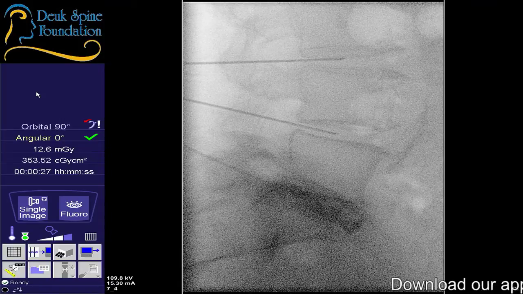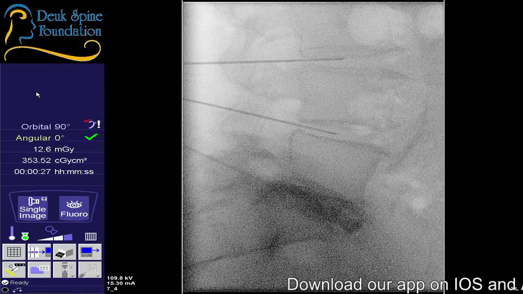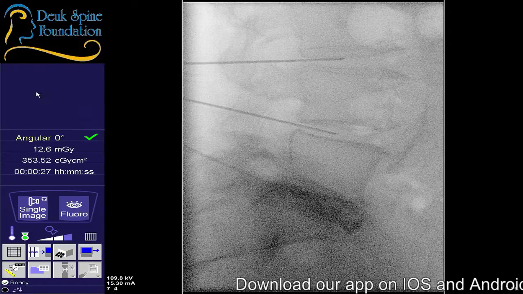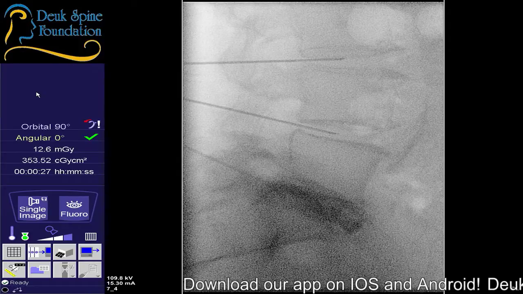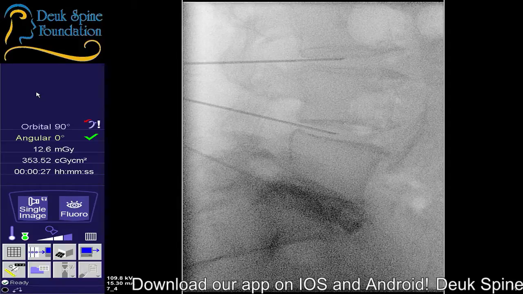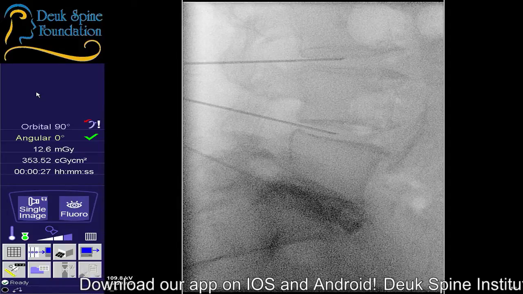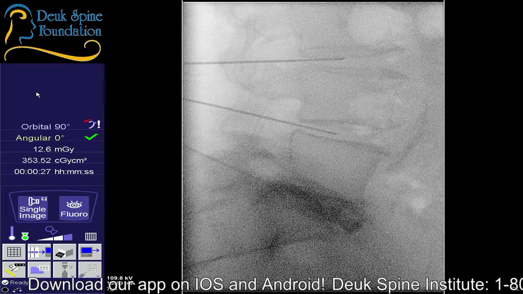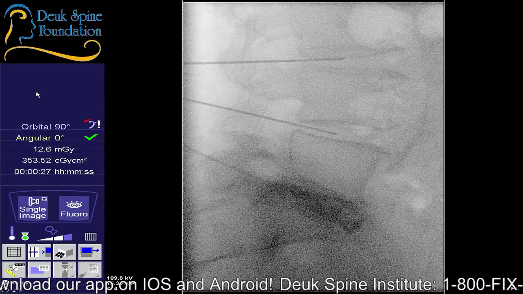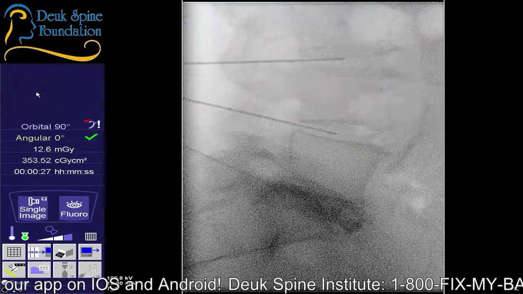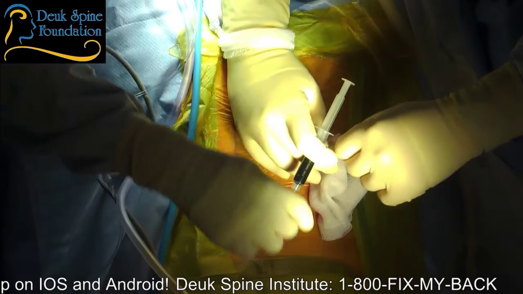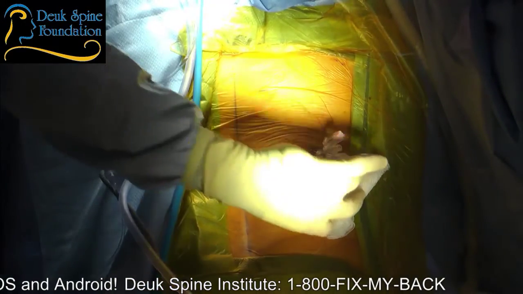How much fentanyl does she get? Okay. Tell us if you feel any pain. You doing okay? Anything bothering you down there on your back? She's a little, it's okay. There's nothing you did wrong. I told you to give her a little more, so we're fine.